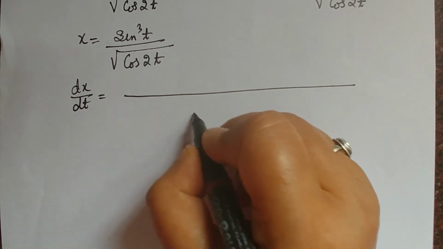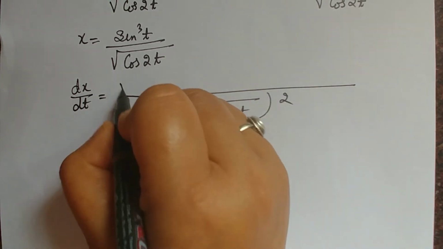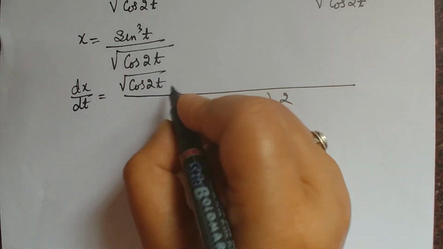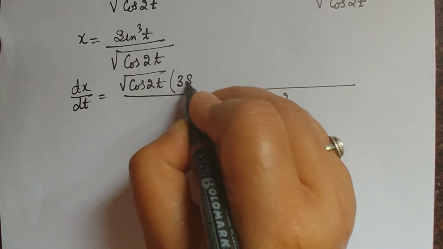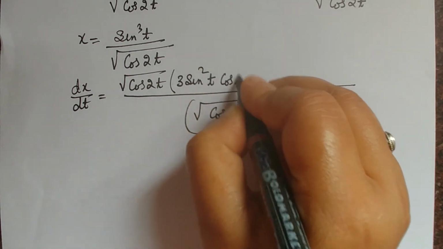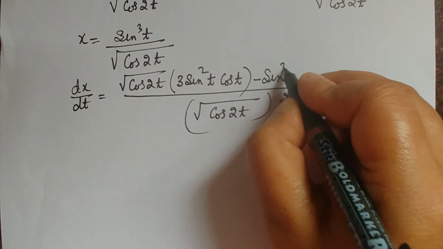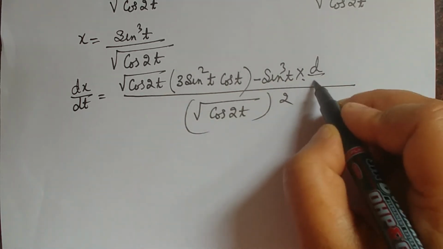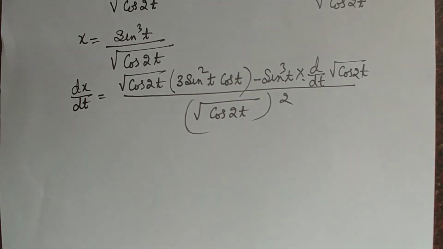So it is root cos 2t whole square. Then it is root cos 2t and derivative of sine cube t. So what is the derivative of sine cube t? It will be 3 sine square t into derivative of sine, which is cos t, minus sine cube t into derivative of, you know, d/dt of root cos 2t.